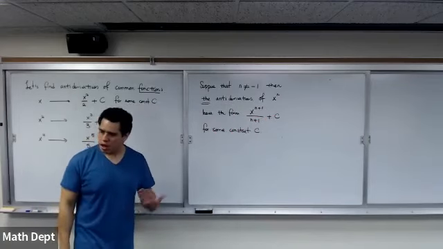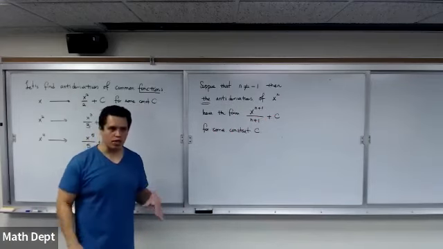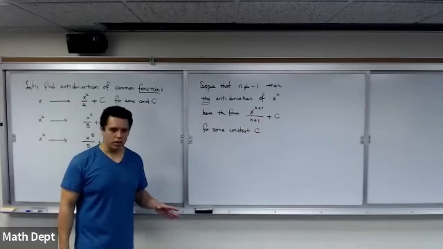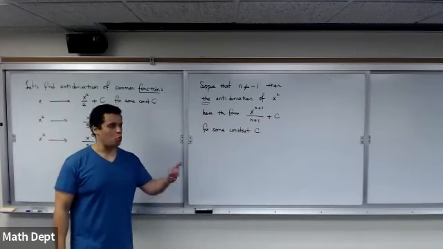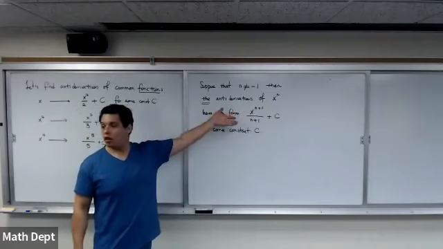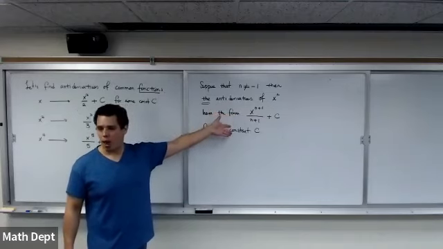Essentially, what we can do here is just revert the rules that we have been introduced to. Which ones are those rules? Well, here we have an antiderivative version of the power rule.